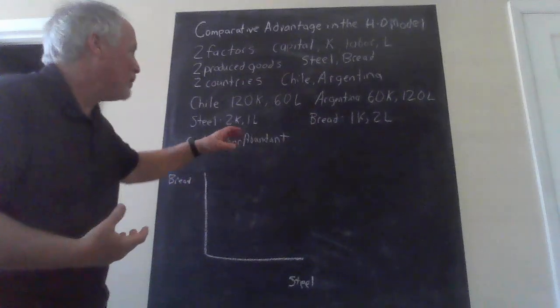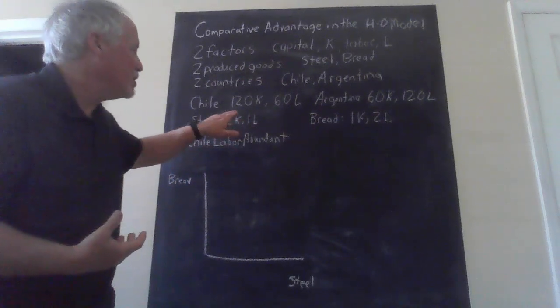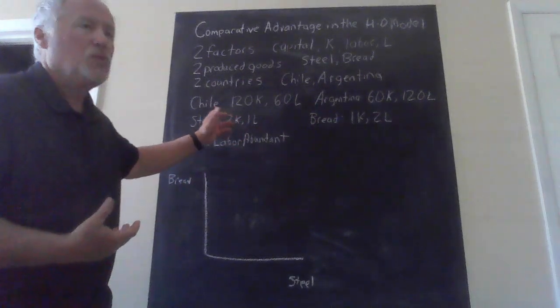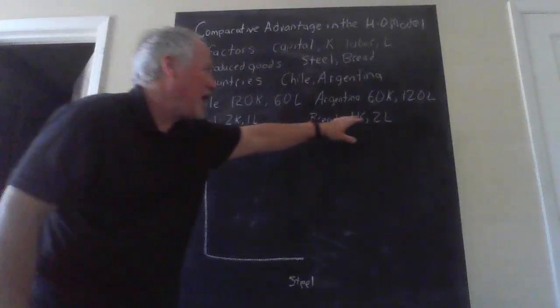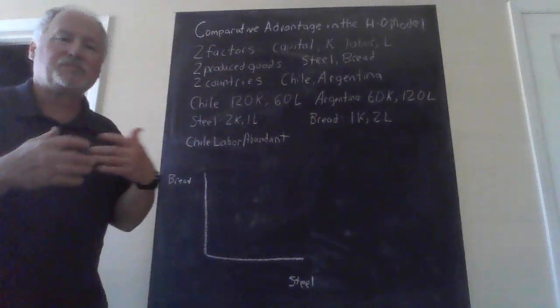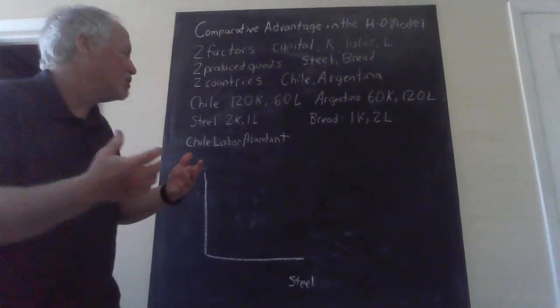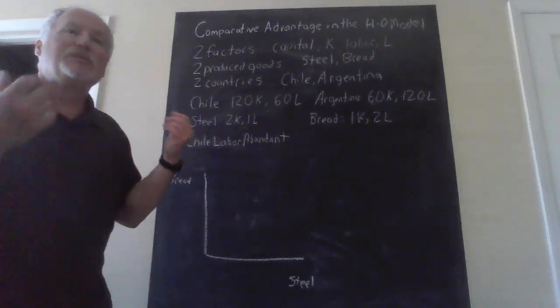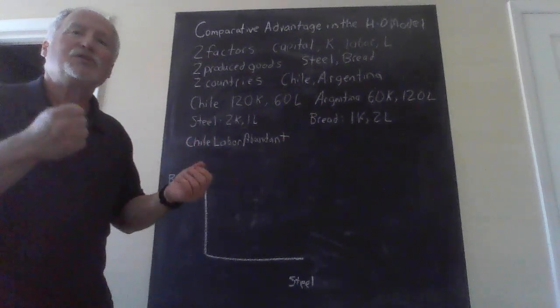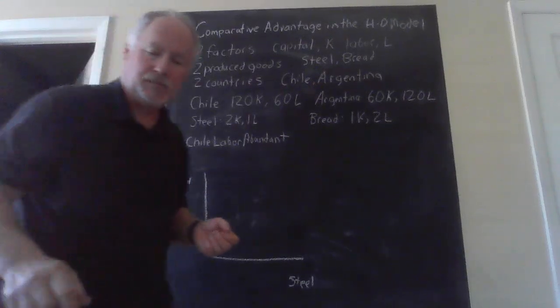So the capital labor ratio in the production of steel would be 2 to 1. The capital labor ratio in the production of bread would be 1/2. So in this regard, we'd say that the production of steel uses capital intensely.